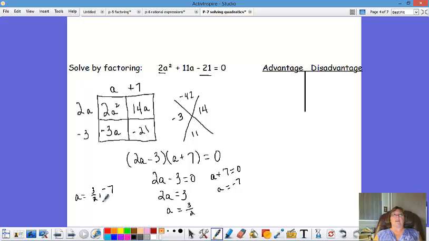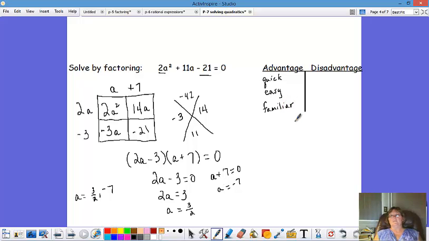Okay. Solved by factoring. As far as advantages to this one, what students have told me in the past, again, this is quick if you know what you're doing. And many algebra students do know what they're doing, and so they would say this is easy. It is also, I'm going to write on here, familiar.